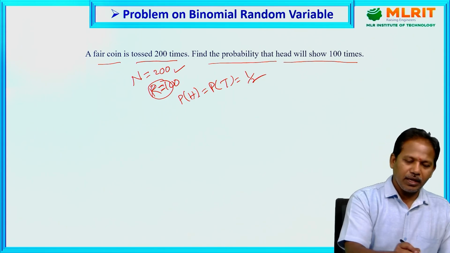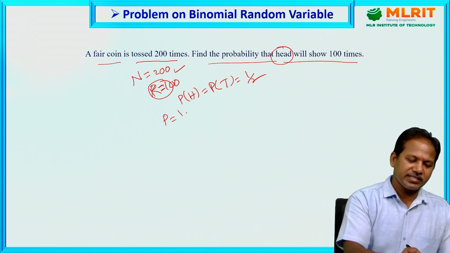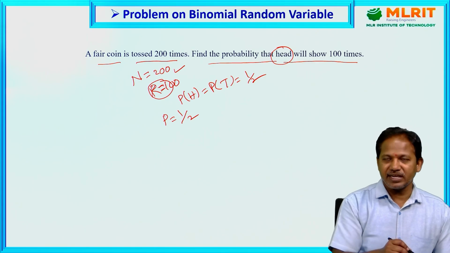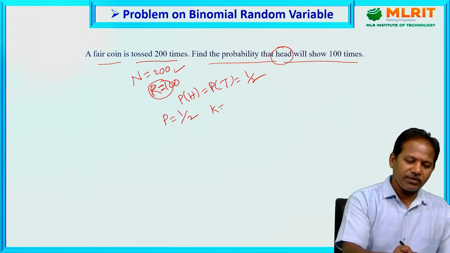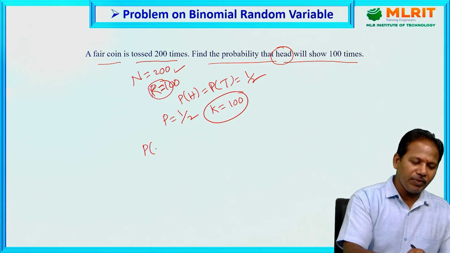So here my probability is assumed to be head, meaning success probability will be taken as 1 by 2. It will show 100 times exactly. Here K is equal to 100. Now I need to find the probability of K equal to 100.